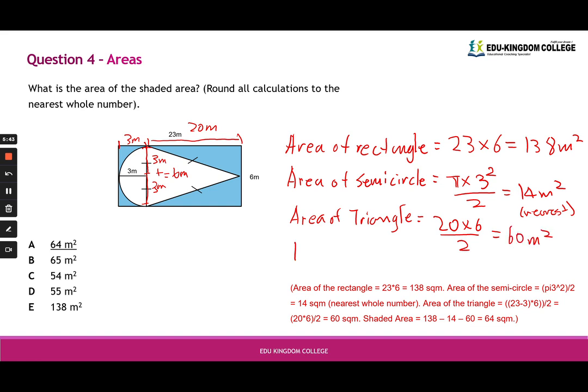And so what we can do, we just do 138 minus 14 minus 60. Okay, and that will give us 64 meters squared as the shaded area. So the answer to this question is 64 meters squared.